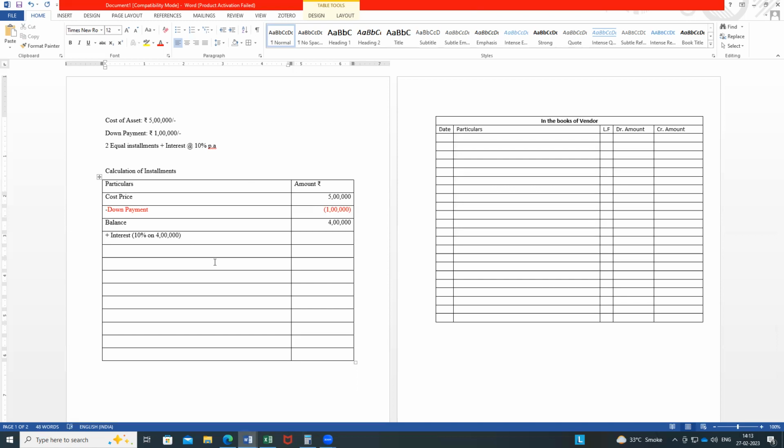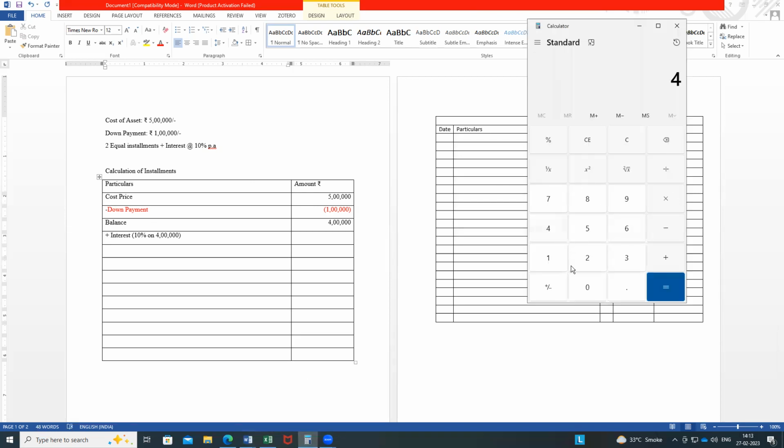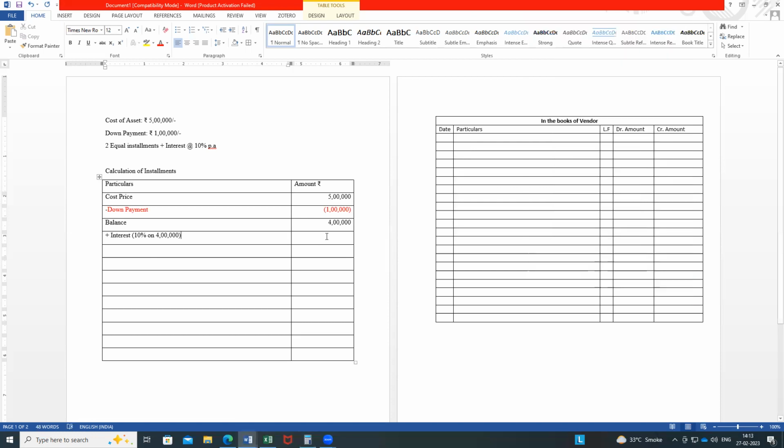So 10% on 4 lakh, ये आप calculate कर लो. This is how it is calculated. This is 4 lakhs multiplied by 10%, which will give me 40,000. So I will just write here, the interest is 40,000. Now remember, it is an interest. So interest क्या करना है हमें add करना है initially. So let me add the interest.